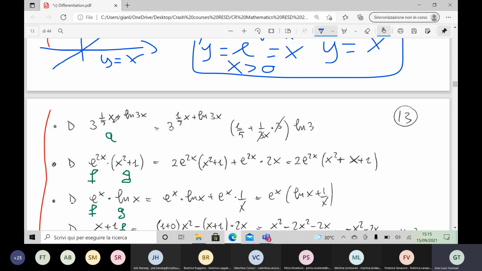Okay, so you see, you must be flexible in the sense that you need to learn the rules of differentiation, because to complete this derivative, I applied first the derivative of a to the power f of x.